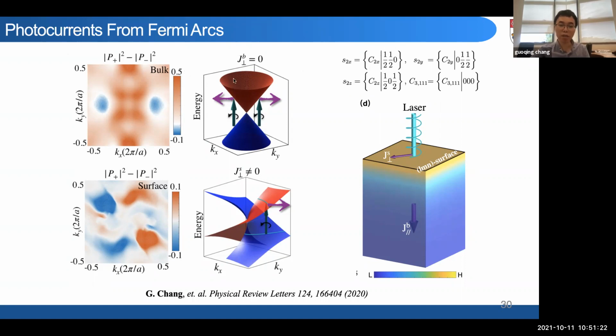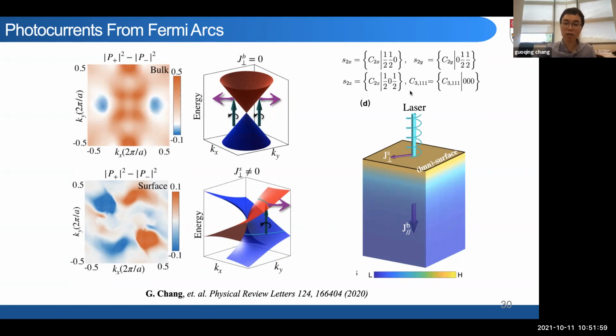For example, if I plot the light absorption, where plus and minus indicate the right and left circular polarization, this is the intensity plot. You can see, due to the rotation symmetries, this blue spot will rotate to this location due to the C2 rotation, S2 rotation. As a result, you will excite both sides of the Weyl cone, which will induce photocurrents in opposite directions, so that the in-plane photocurrent will be fully canceled.